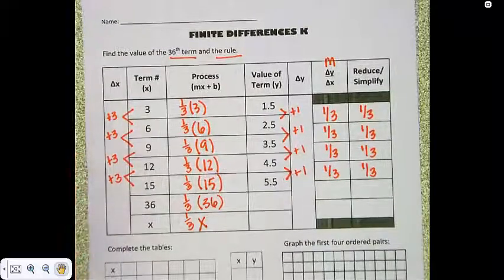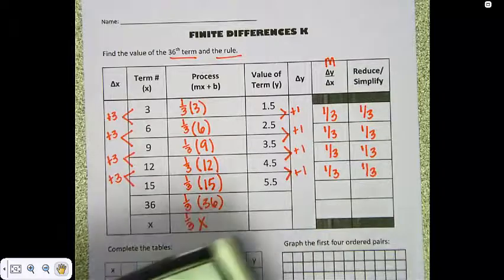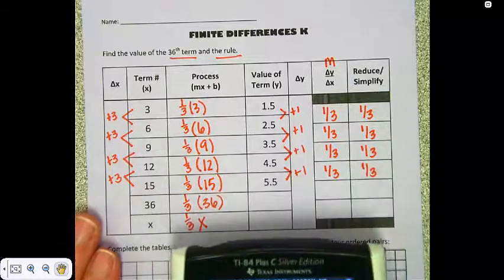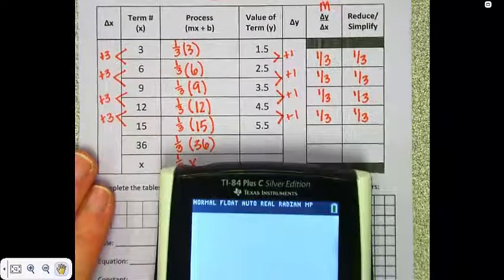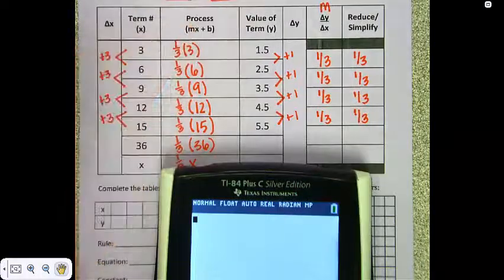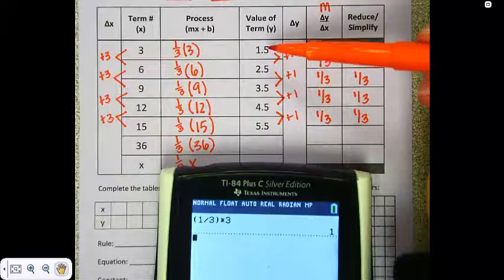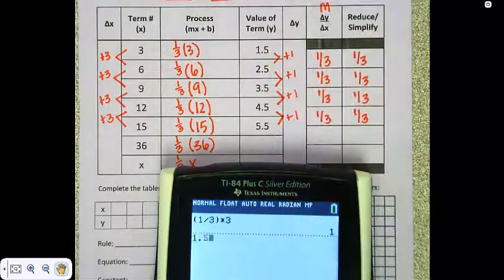Okay, and then I need to find my constant. So to find my constant, I need to multiply my coefficient and my x value, and then ask myself, what do I need in order to get the output that's given? So if we just scoot up real quick here, I'm going to do 1/3 times 3, and I get 1. But I don't need 1, I need 1.5, so I need to find the difference of those two. 1.5 minus 1 is 0.5.